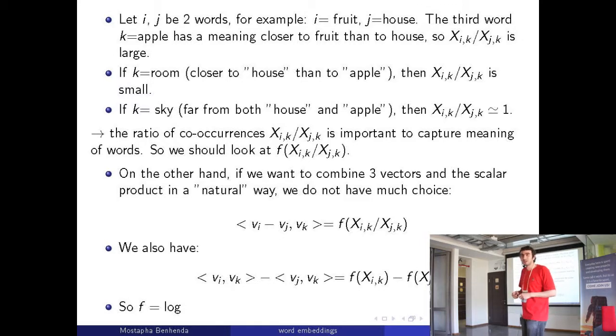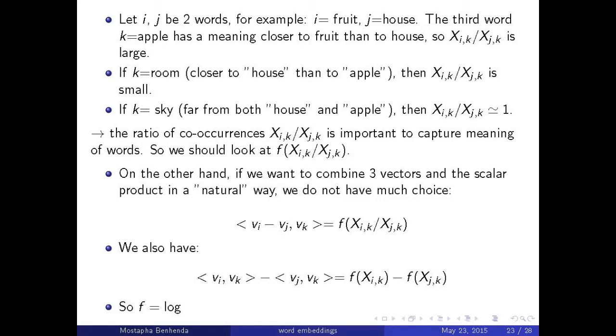Maybe another question. Apple and...? Yes, but the thing is, you take a very large data set. So you hope that in your data set, it depends what your data set is.